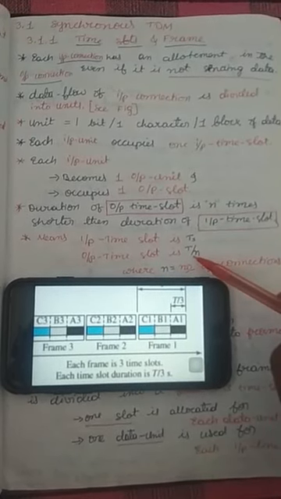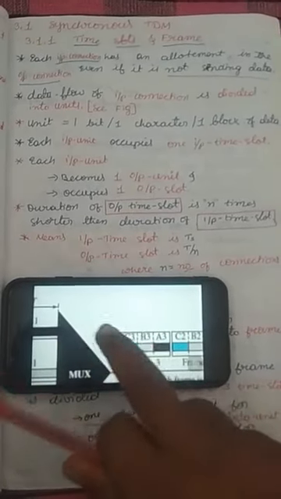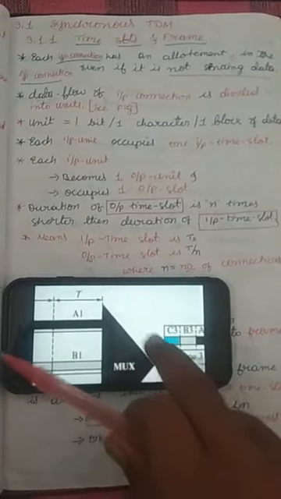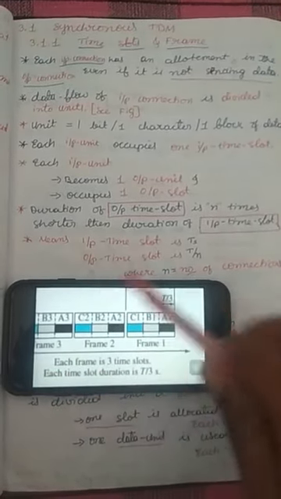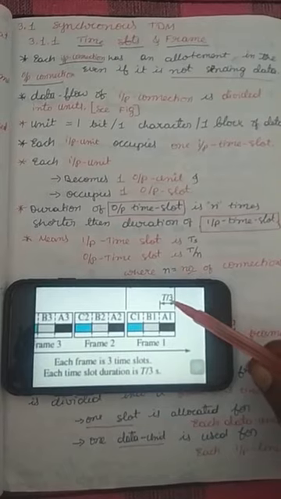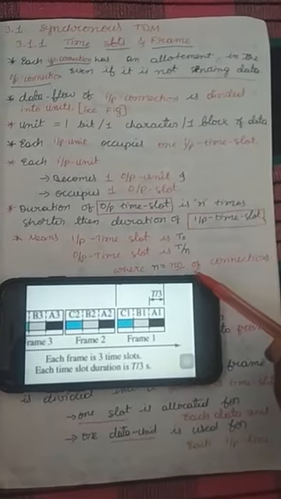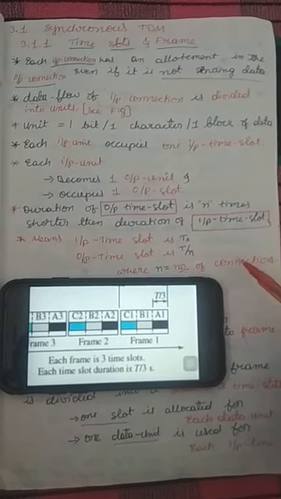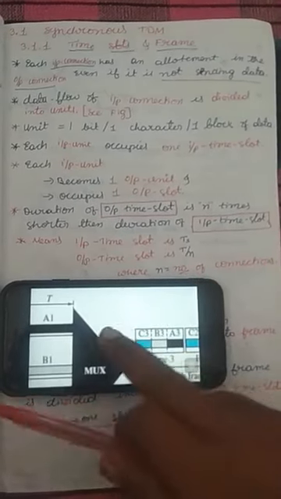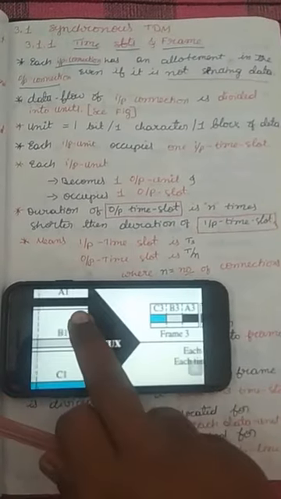N is nothing but a number: how many units are going to occupy this frame? 1, 2, 3. There are 3 slots. Here n is the number of connections: 1, 2, 3. There are 3 connections.